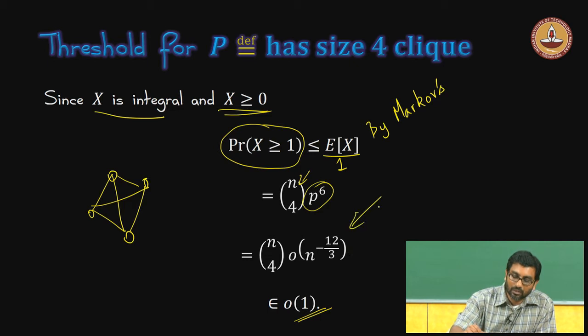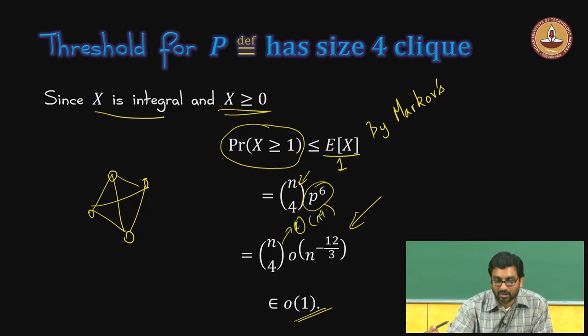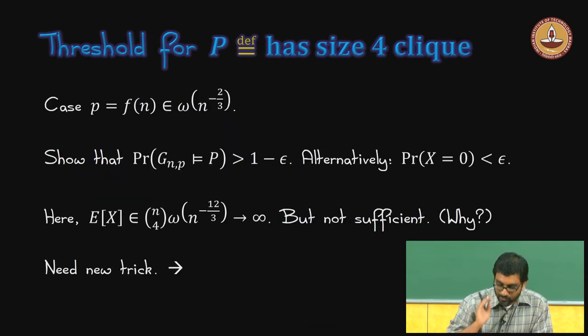So, you get n choose 4 times little o of n to the minus 12 by 3, and n choose 4 is O of n to the 4, but this term is little o of n to the minus 4. So, overall it is little o of 1. Convinced about that? Okay. So, the first case was nice and easy.